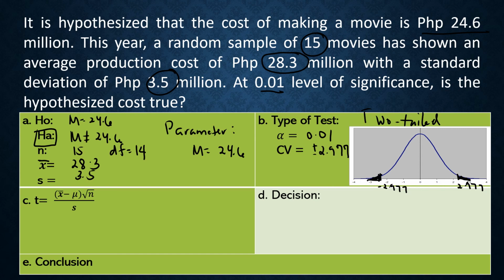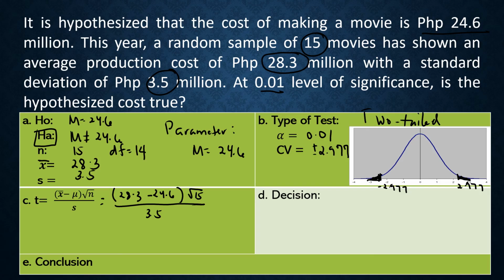Okay, now let's identify the t-value, or the computed t-value. Let's start substituting the given values. Instead of writing x bar, we're going to have 28.3 minus your mu, which is 24.6, times the square root of n, which is 15, all over your s, which is 3.5.